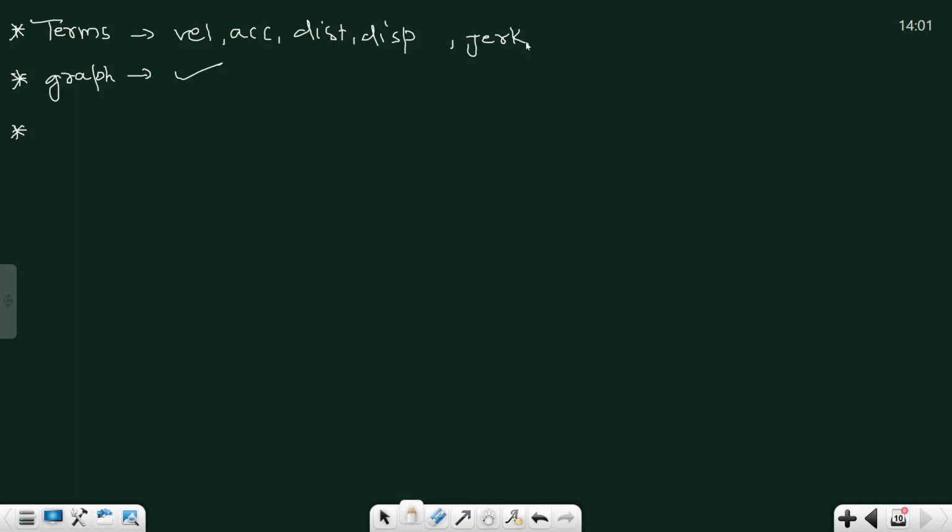That was covered. So we have to start from this topic, equation of motion.